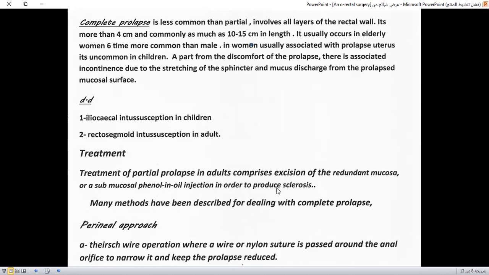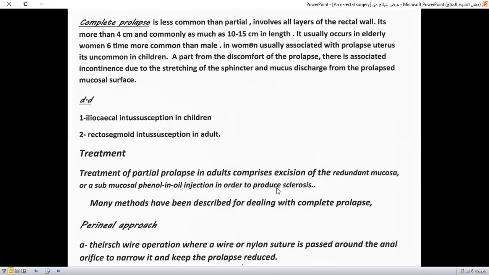Apart from discomfort of the prolapse, there is associated incontinence due to stretching of the sphincter and mucus discharge from the prolapsed mucosal surface. Differential diagnosis: ileocecal intussusception in children, rectosigmoid intussusception in adults.